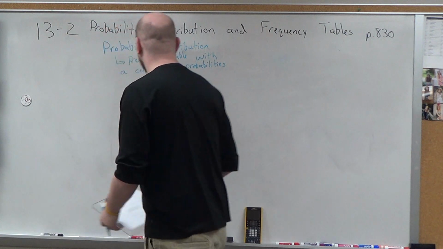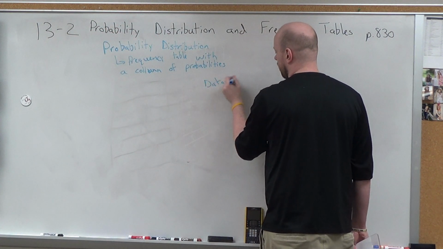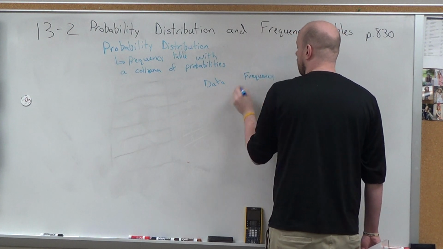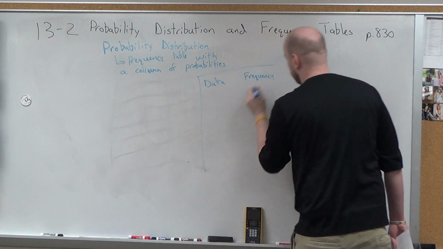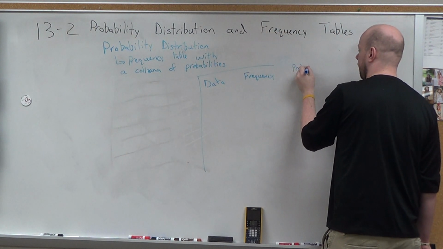So, just like our frequency table earlier had our data, had our frequency, this just has one more column with probability.